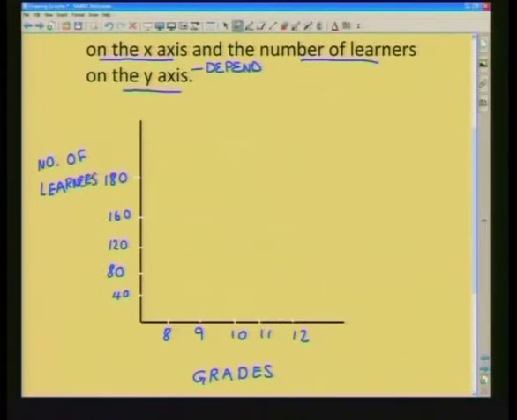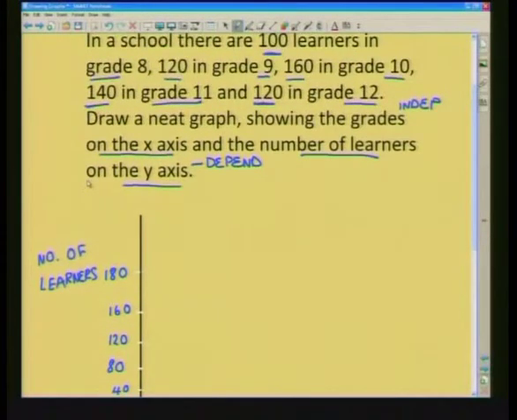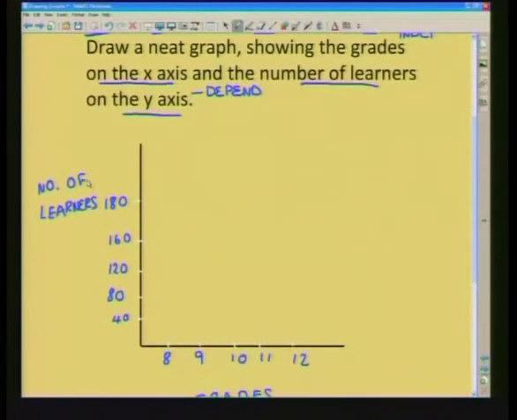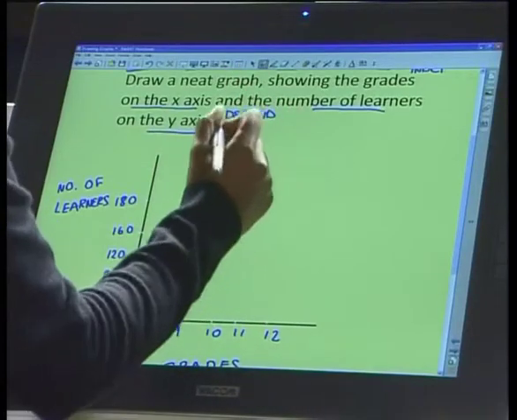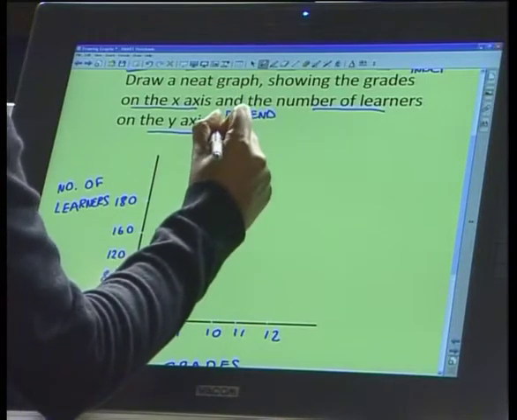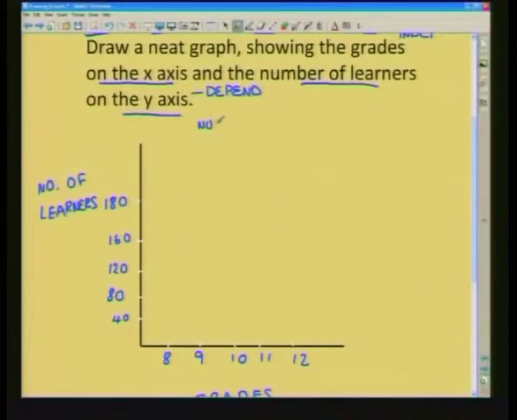And then very, very important, you need to provide a title for your graph. And because we are looking at the number of learners per grade, we can simply call our graph that. So this will tell the person that's looking at your graph what is being sketched. So our title will be the number of learners per grade.